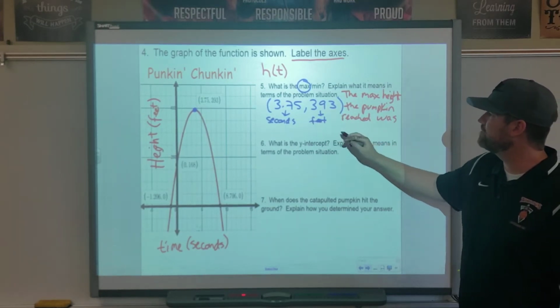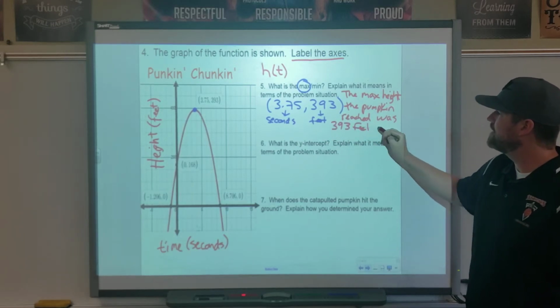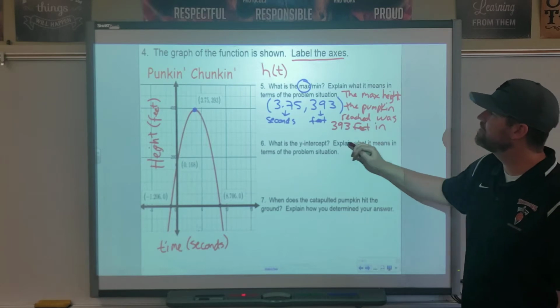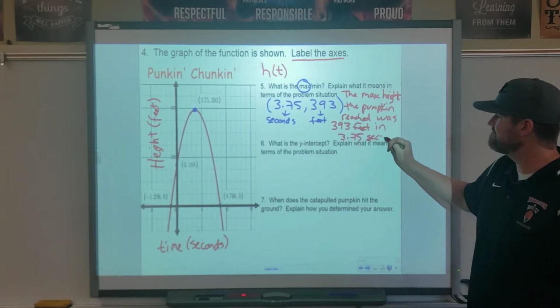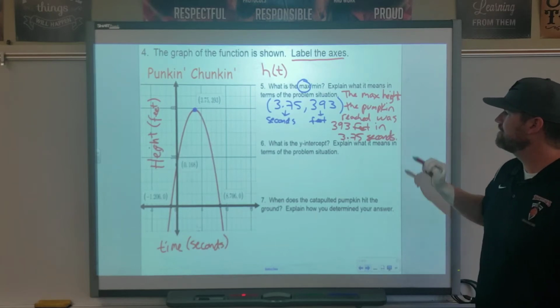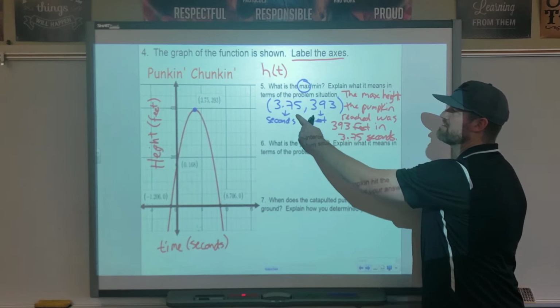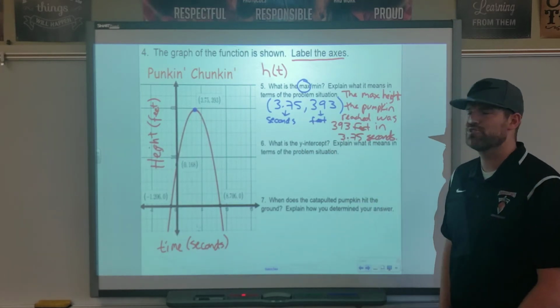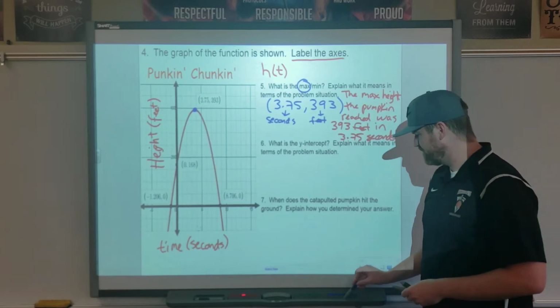So the max height that it reached was 393 feet. And it reached that in 3.75 seconds. So the maximum of this graph tells us that in 3.75 seconds, the pumpkin reached the maximum height of 393 feet.